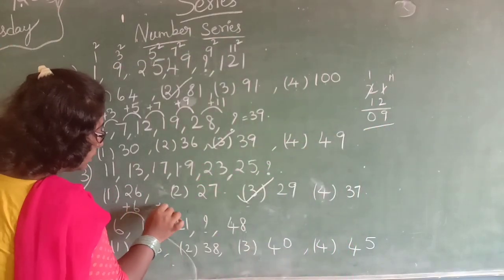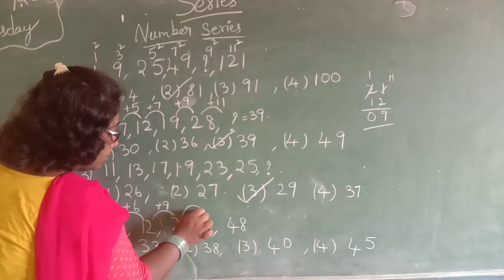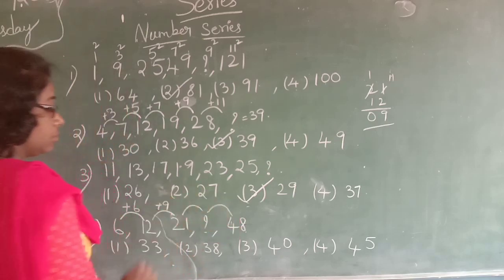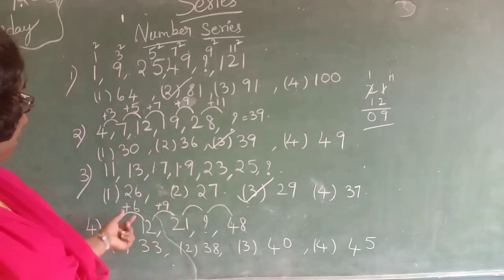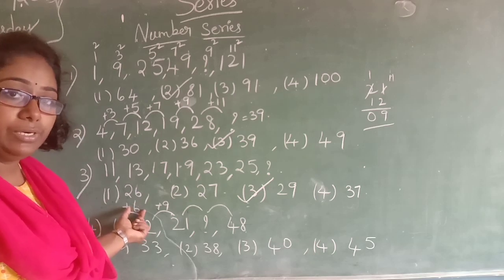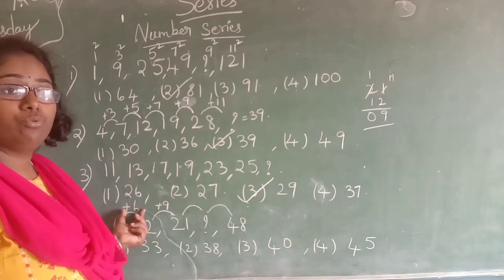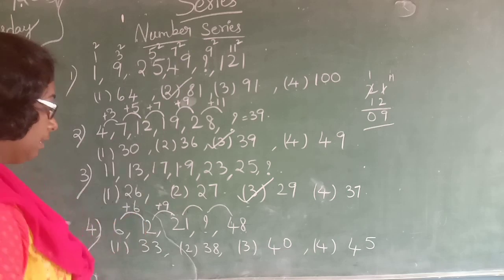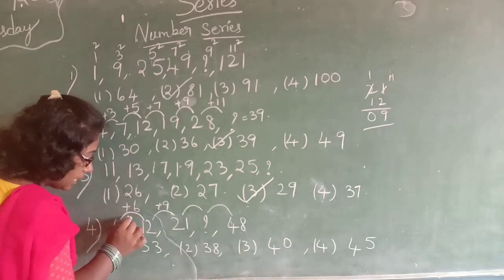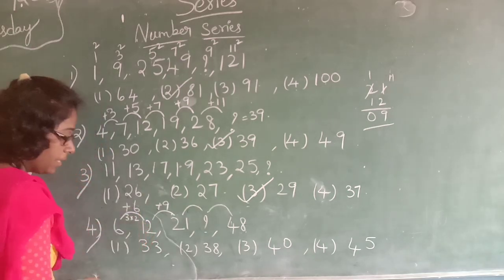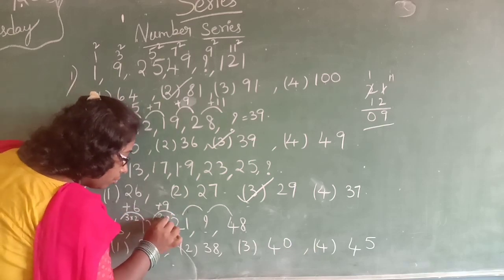So the difference is 9. The next differences we don't know yet, right? But with the first number, can we write 6 as 3 into 2 and 9 as 3 into 3?